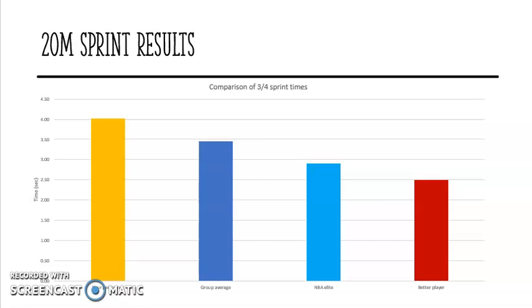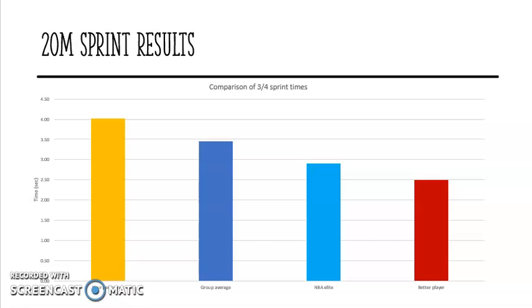This could be due to the power of the performer, and it can also be due to the force that they produce. We can also see from the group average that the worst performer, my performer, is not too far behind the group average. The group average is roughly 3 seconds 20.